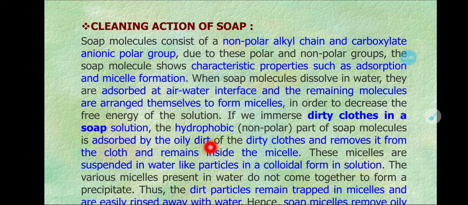The same principle, like dissolves like, that means the oily part of the soap molecule is first adsorbed by the oily dirt of the dirty cloth.